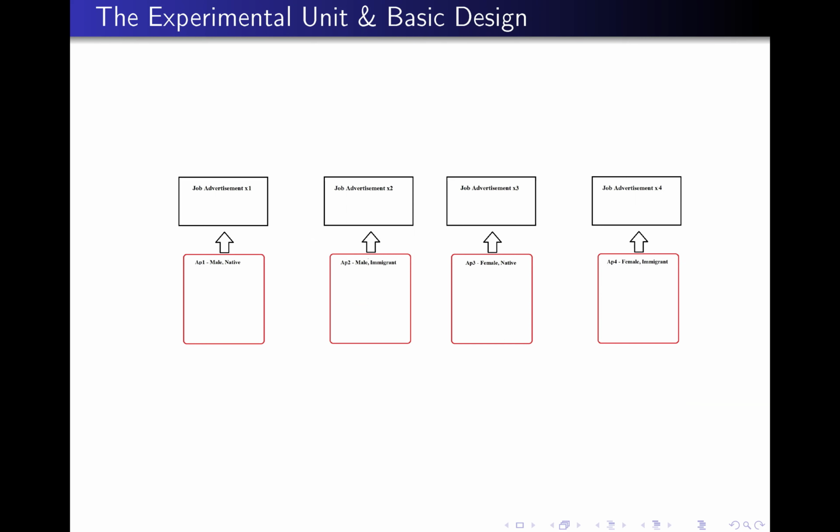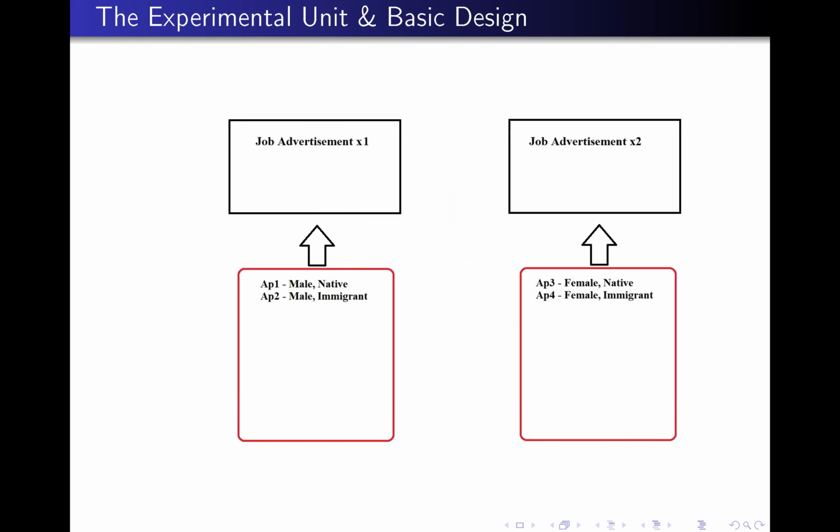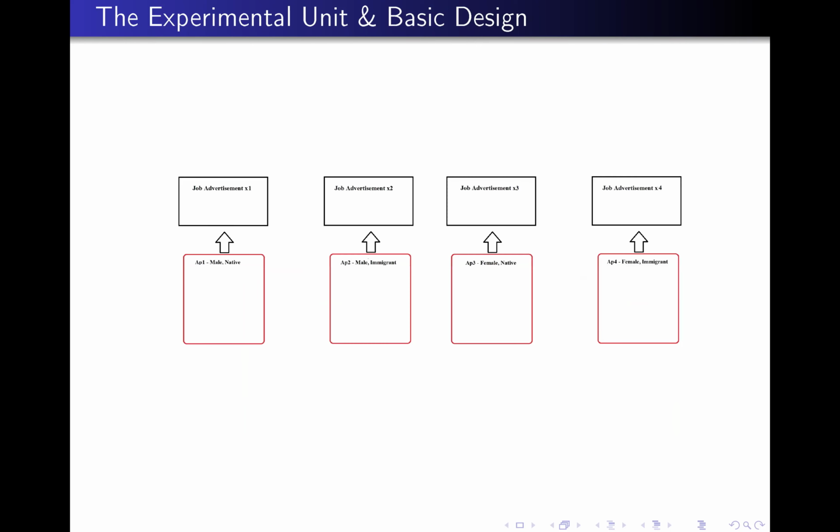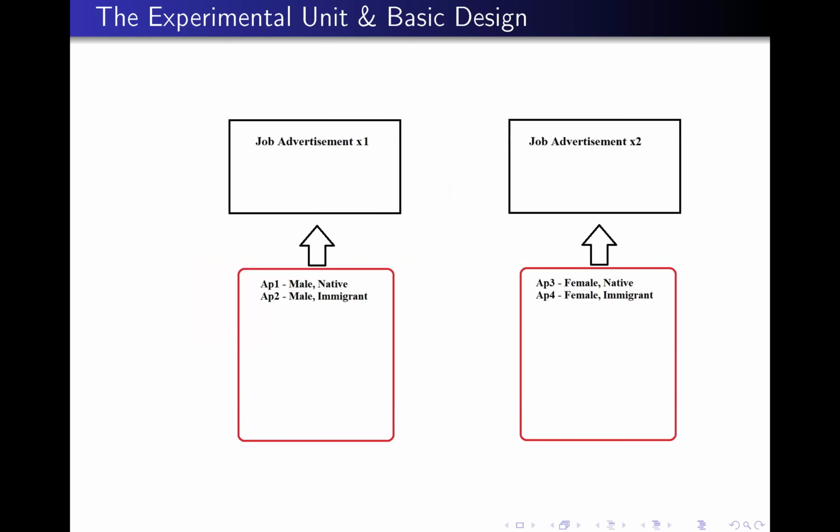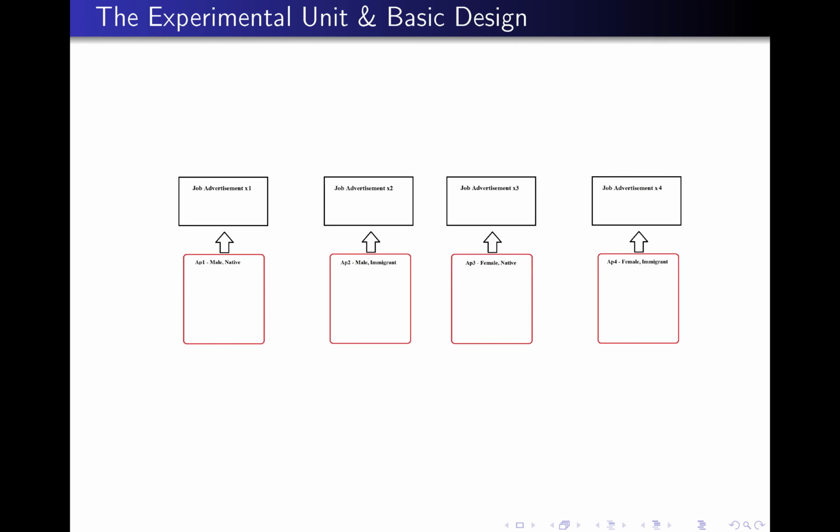As we move to treatment conditions only varying between, we need a larger sample size of the unit of analysis. In this case, we're sending the same number of applicants to accomplish the same thing. We've got 4 applicants, but here we had to pull two job advertisements, and here we had to pull 4.